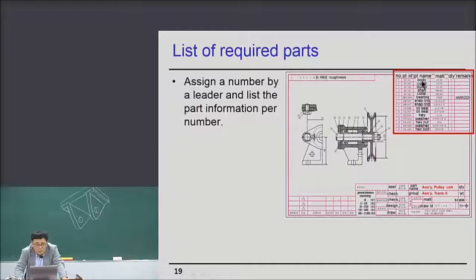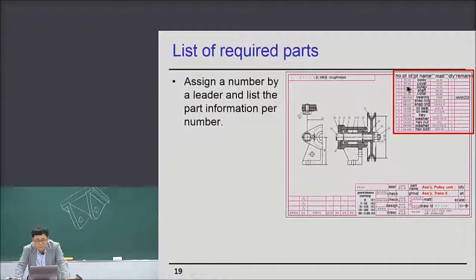So body and material. This is an abbreviation of material here. Material is GC20. GC20. This is the material symbol for cast iron. So the main body is made from cast iron, GC20. So cast iron, and quantity 1. Okay.